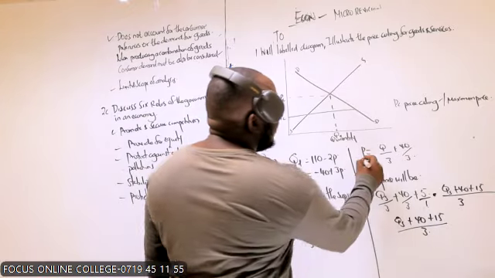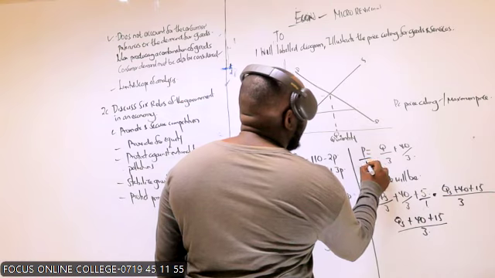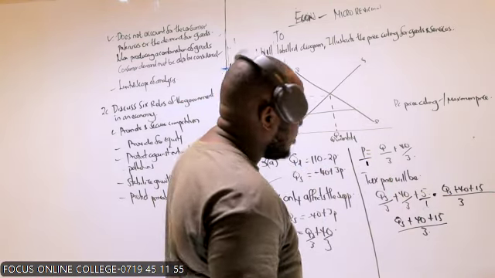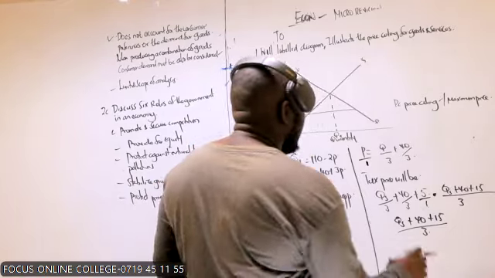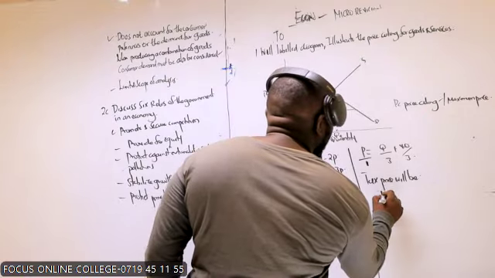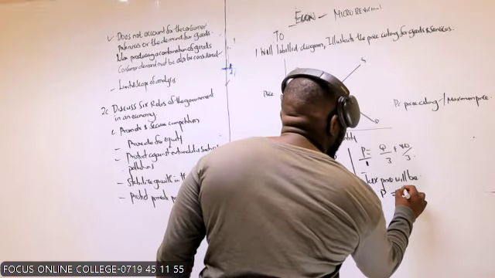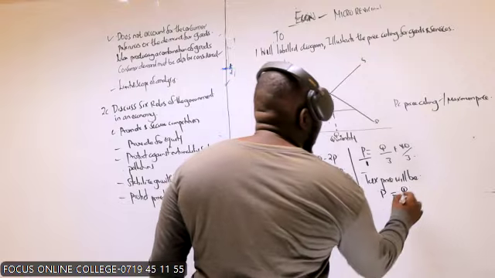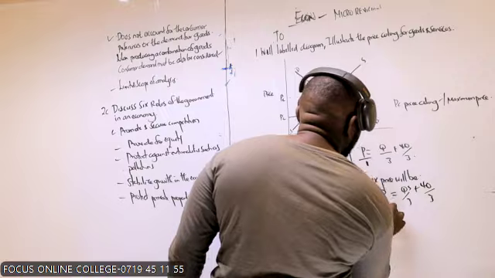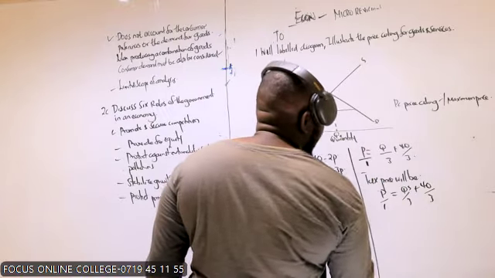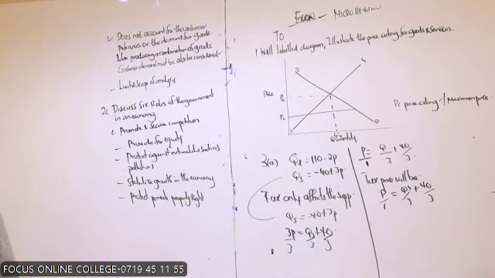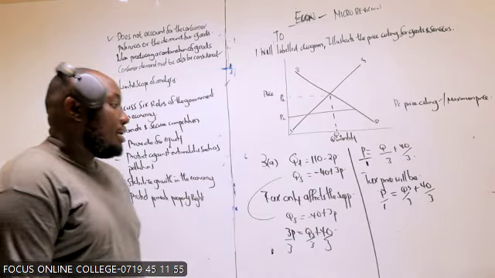We had the price, so if you have that, P is equal to QS over 3 plus 40 over 3, and then we had plus 5.